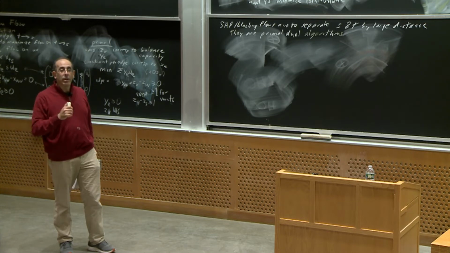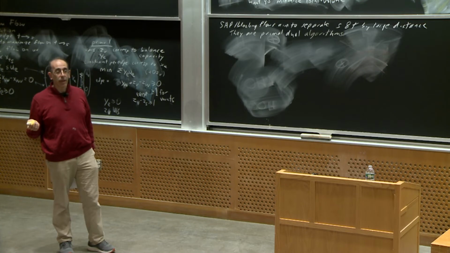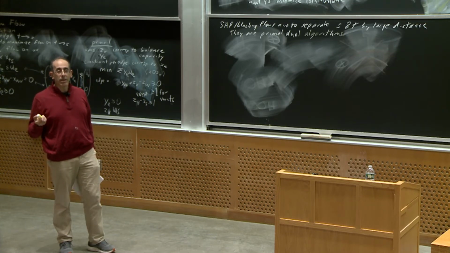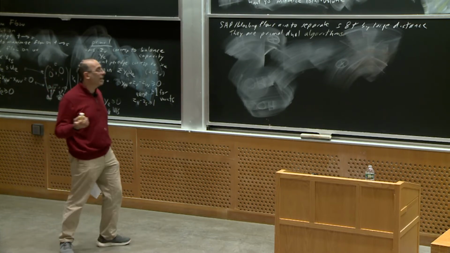Good. If I want to make the distance from S to T at least 1, I need to put 1 unit of length on every path from S to T, right? And if we focus on the 0, 1 case, I need to have an edge of length 1 on every path from S to T. If I want something like that, every path from S to T has to cross an edge of length 1. What are the edges of length 1 going to be? Yeah? It'll be a cut, right?